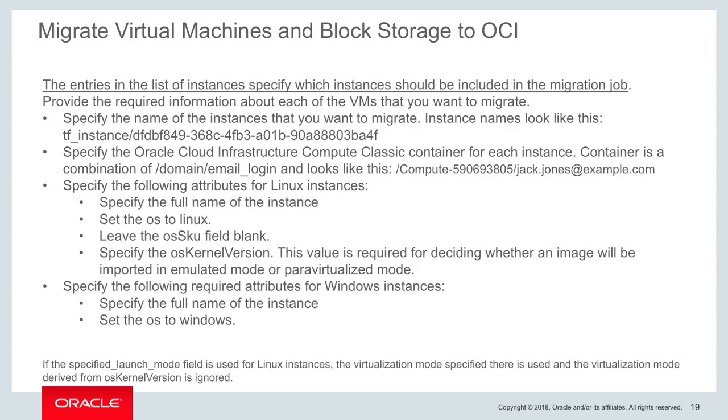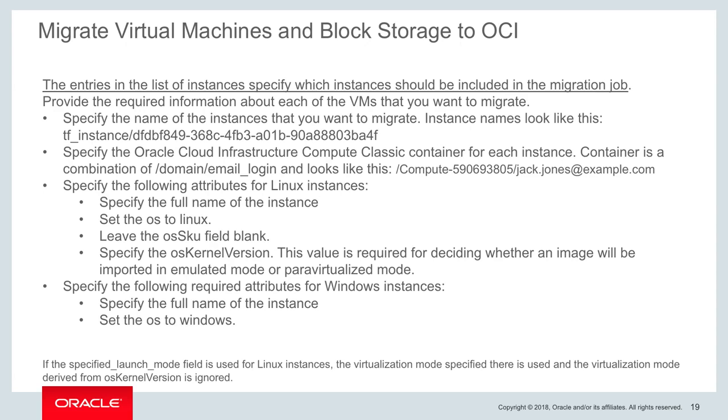Let us now look at additional details on specifying information about the VMs in your source environment that are going to be migrated to OCI. In addition to the instance name, you also have to specify the operating system for the instance.